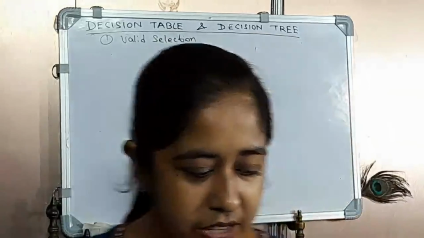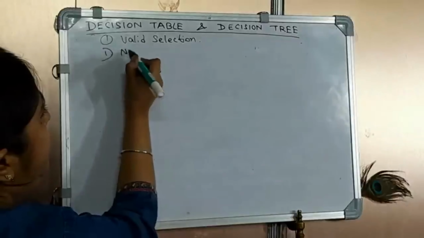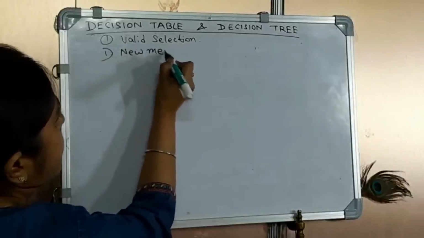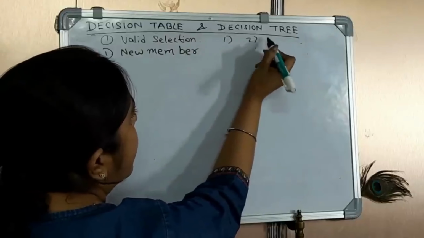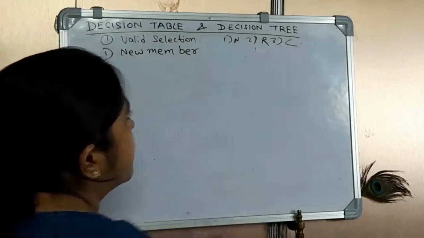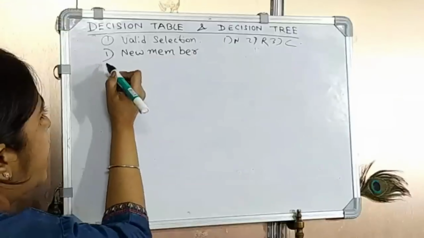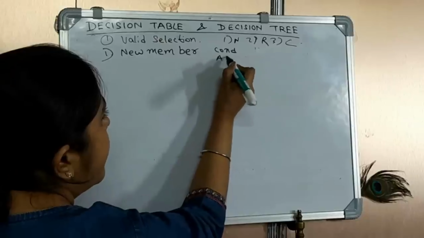so what will be the action? The valid selection will be from 1, 2, 3, that is new member, renewal or cancellation. So for a new member, first of all, what will be the condition and action?